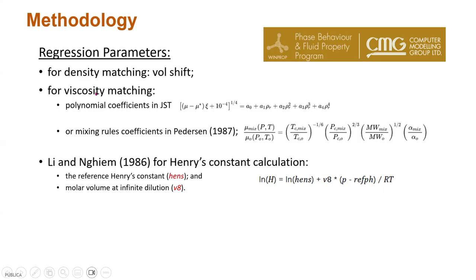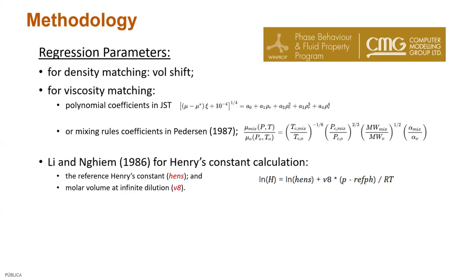For viscosity, we use the JST model. And for solubility, we used the model available in WinProp and also available in GEM. So it's the Lee and Yan model. It's a convenient model because it is available in both simulators, so you can calibrate it in WinProp and export the final parameters to be used in a GEM simulation.